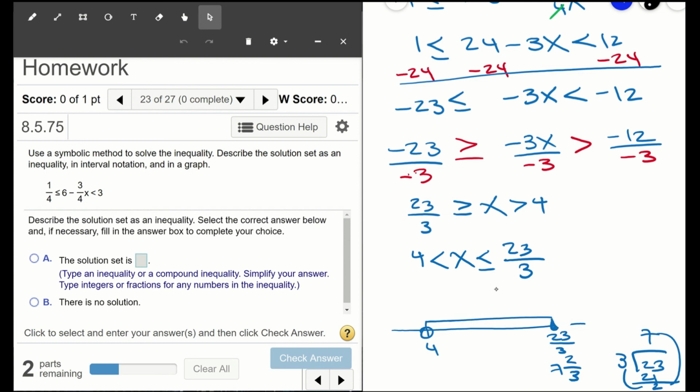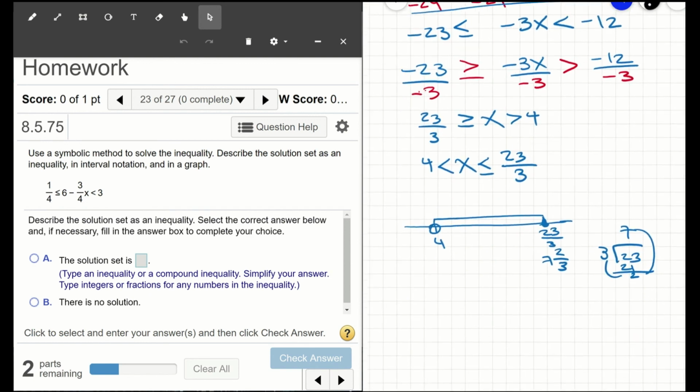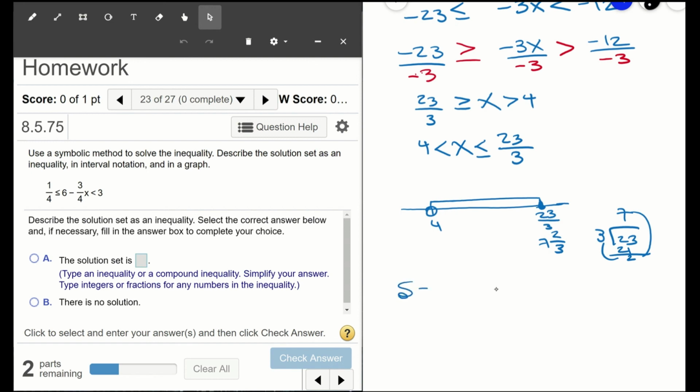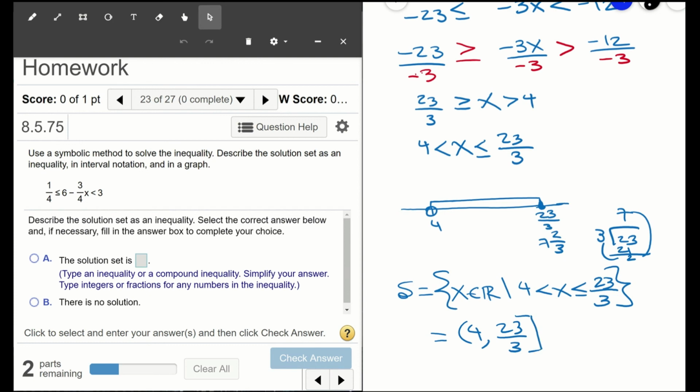So we're going to write the solution set as all x belonging to R such that 4 is less than x, less than or equal to 23 over 3 in set builder notation, and in interval notation we're going to put parentheses 4 because 4 is not included, comma 23 over 3, and then bracket because 23 over 3 is included in this interval, okay, of a solution set.